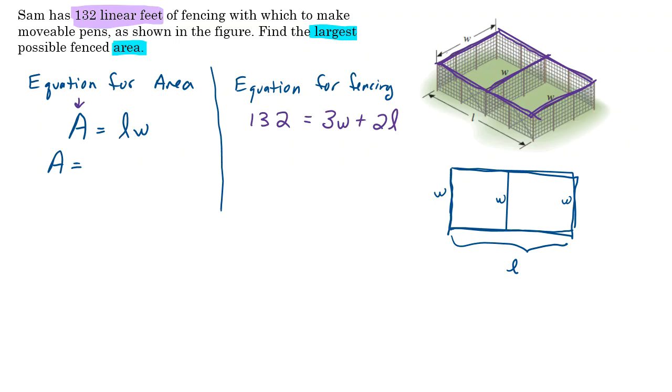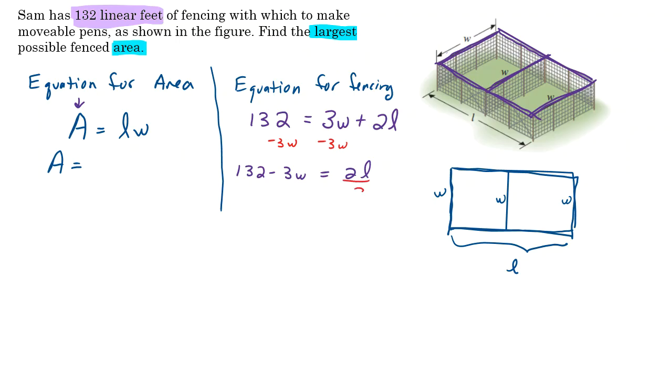I don't care which one we solve for. Let's solve for length. All right, so I'm going to subtract the 3W over. Minus 3W from both sides. Those are not like terms, so I can't combine them. I just write 132 minus 3W equals 2L.